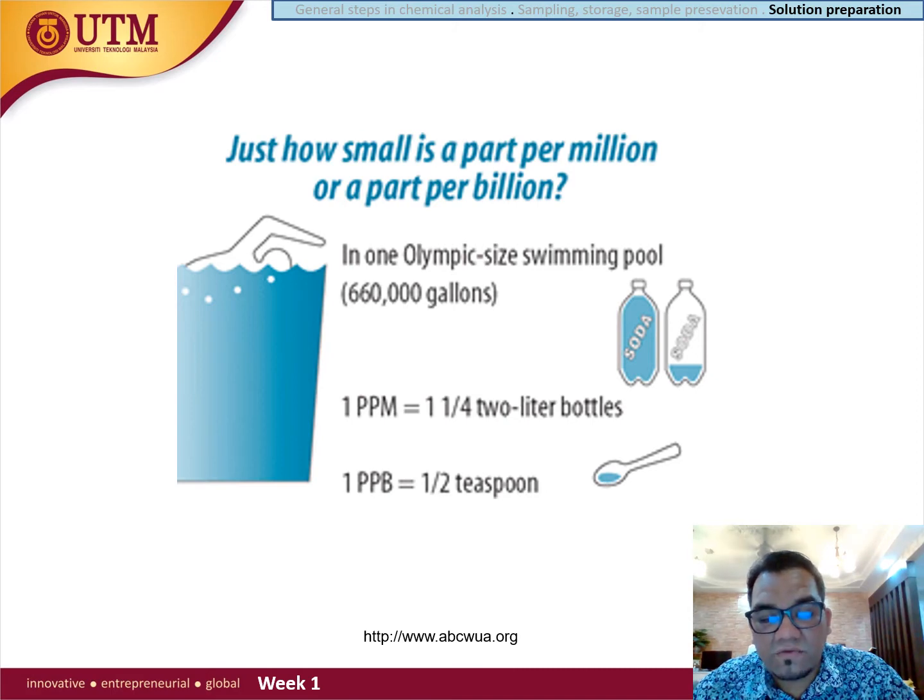To imagine it, 1 ppm of soda is equal to one and a quarter 2-liter bottles of soda inside an Olympic size swimming pool. So that is 1 ppm. What about 1 ppb, 1 part per billion? It is a half teaspoon of soda inside an Olympic size swimming pool, right?